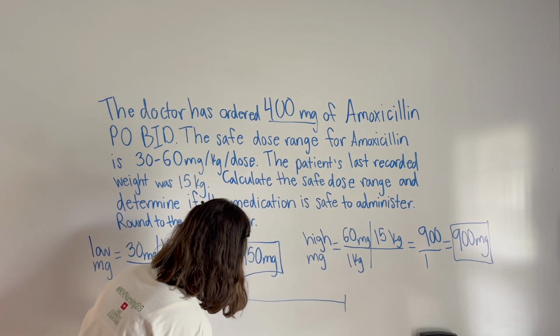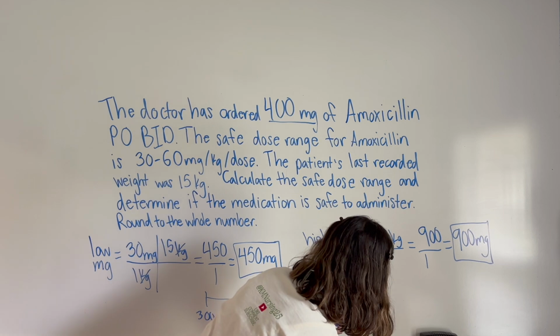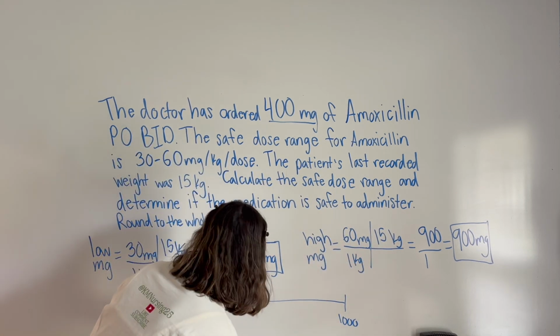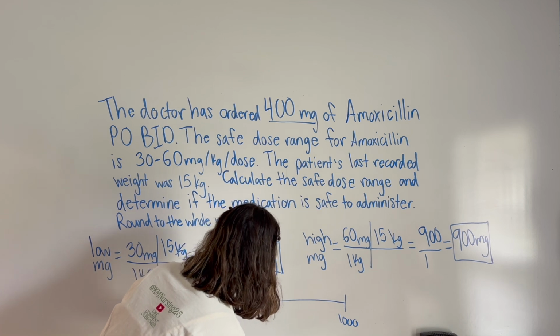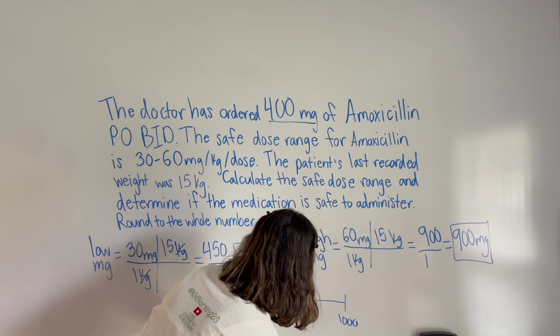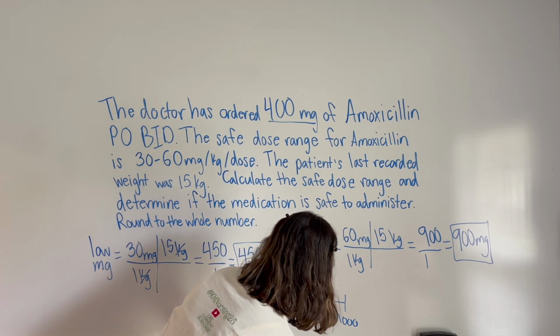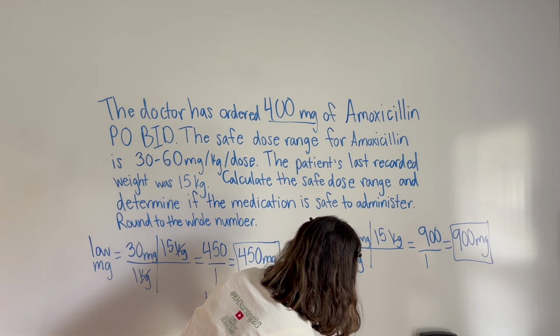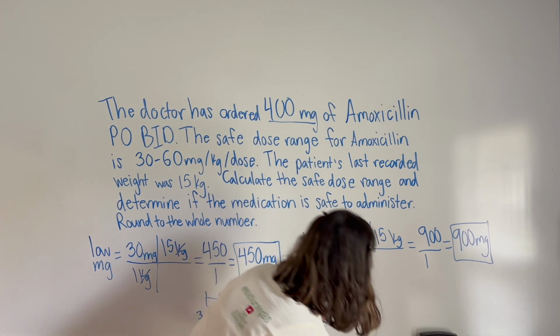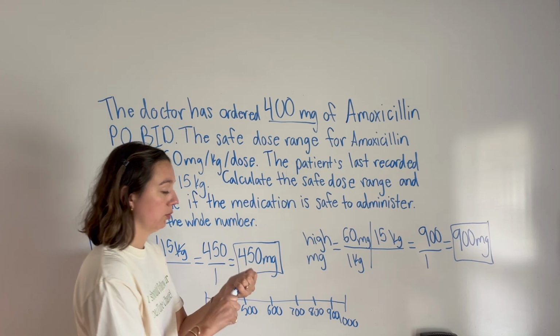We'll start with 300 and 1,000. Those are numbers that are way beyond these two. Then we'll do 400, 500, 600, 700, 800, and 900.